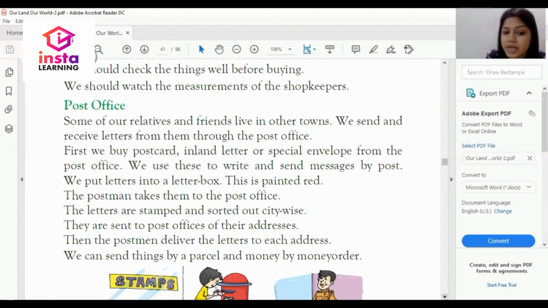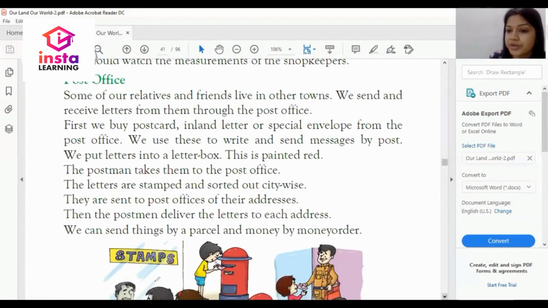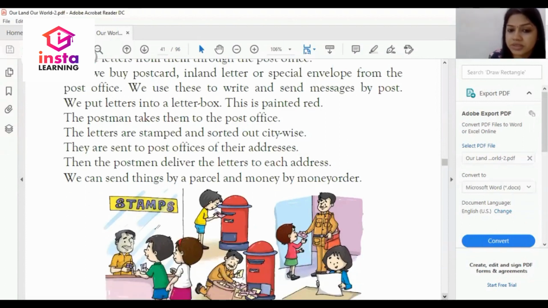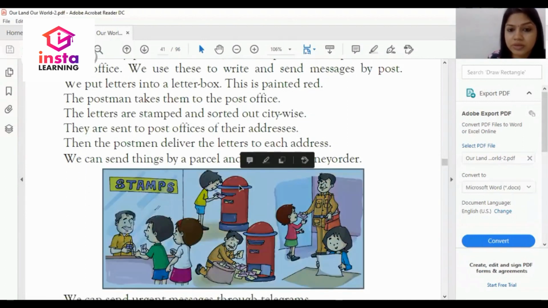We put letters into a letter box. This is painted red. So this is the letter box which is painted red. The postman takes them to the post office. Then letters are stamped and sorted out city-wise. Then they send to a post office of their addresses.